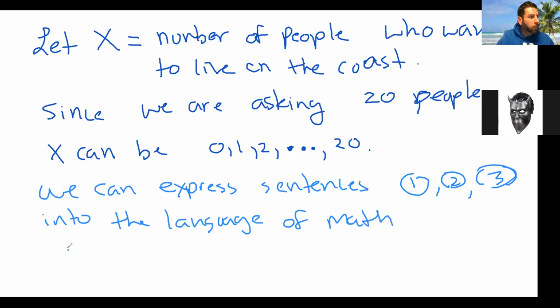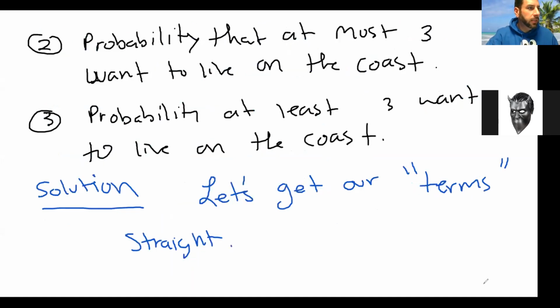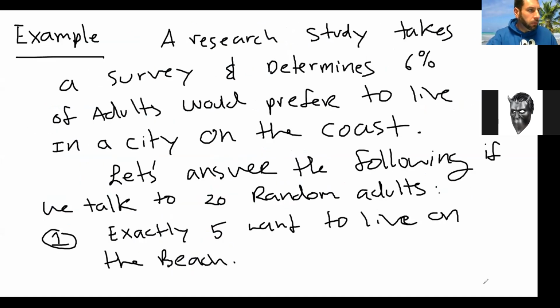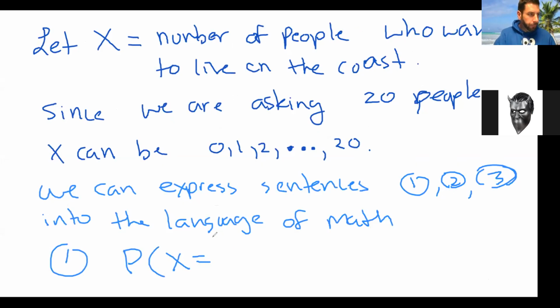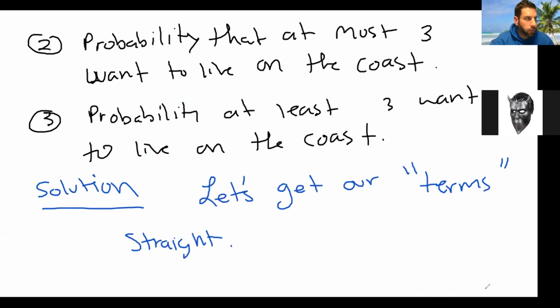So for 1, what do we have? 1 is the probability that X equals exactly, what did I say? I think 5, right? Let's go back. Yes, exactly 5. And then the second one was the probability it's at most 3.